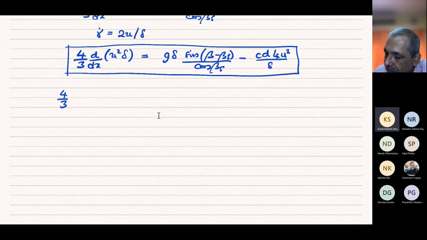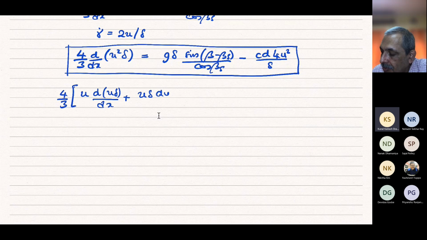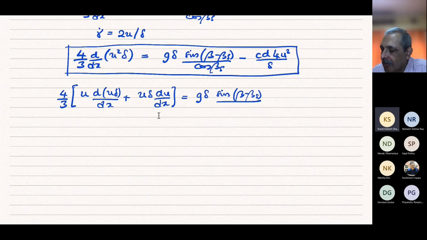Now I'll split this into two terms: u into d of u delta by dx plus u delta into du by dx is equal to g delta sine of. I'm just trying to combine the two equations, the continuity equation and the momentum balance equation, by substituting for this term, which comes from the continuity equation.